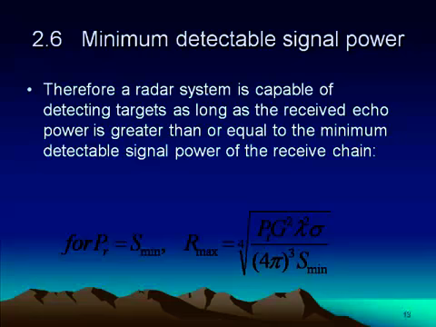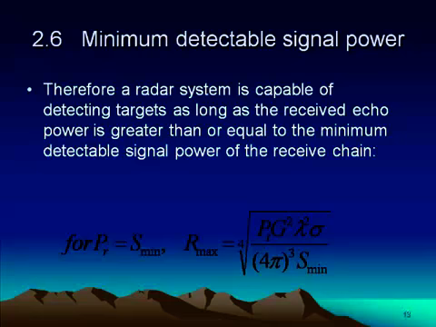So, if the radar range is decided first, we will try to identify a receiver which has a very low minimum detectable signal, or sensitivity, which is normally expressed in dBm. A radar has to have a long range.